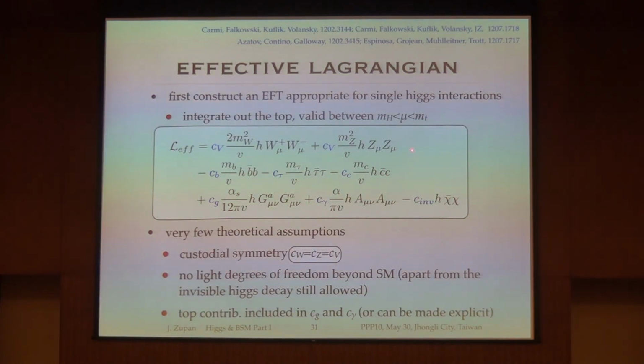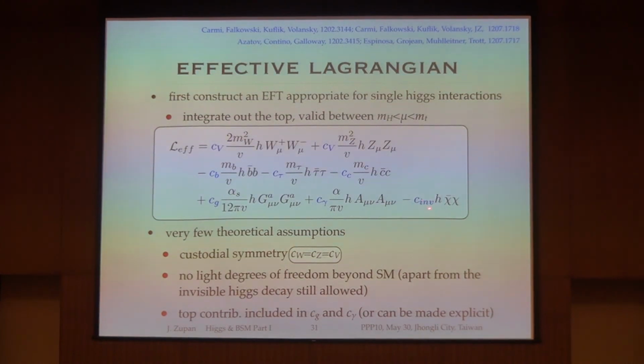Now the way this was written down is that the top was already included in this dimension 5 operator. It's down by alpha s over the remaining loop factor, so it's alpha s over 12 pi v. Again, normalized such that this will be close to 1 for the standard model. The C gamma similarly.